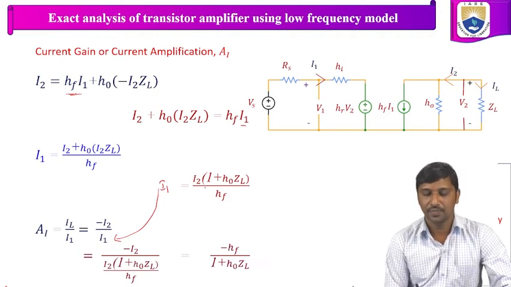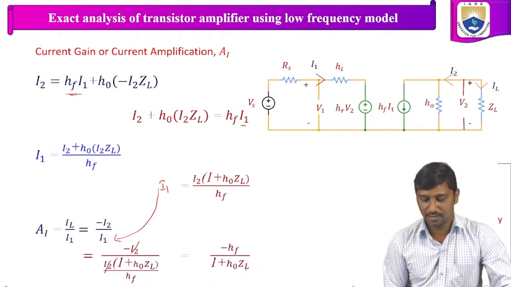What is the I1 value? I2 times (1 plus HO times ZL) by HF. Now we can simplify this: I2 gets cancelled, HF goes outside. So it means minus HF by 1 plus HO times ZL.